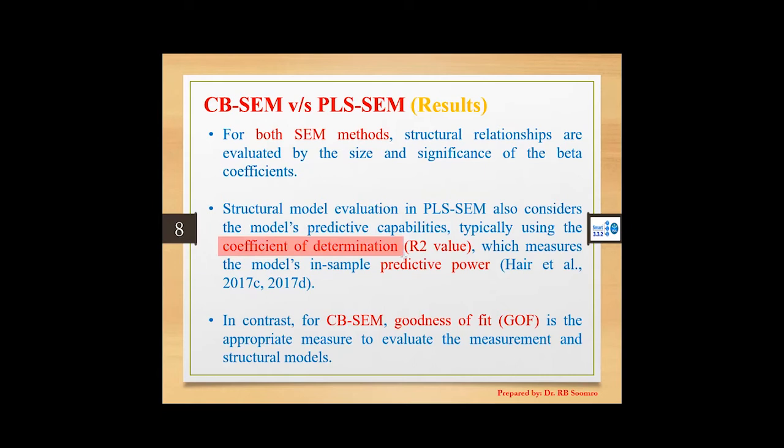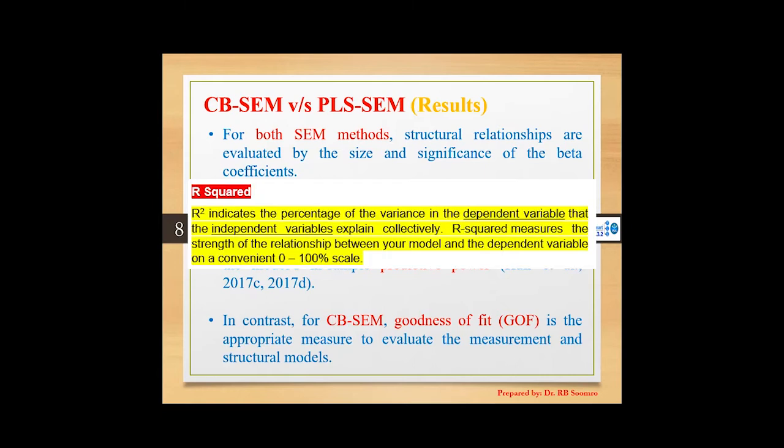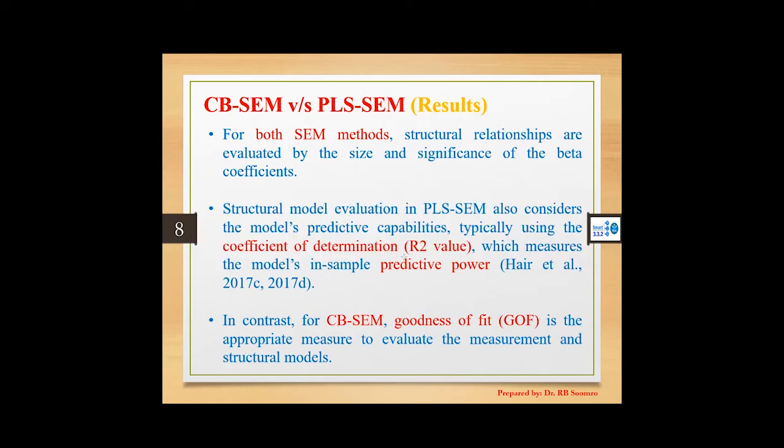Again, reminding you, R square means the total contribution of the variance of the independent variables into a dependent variable. The higher the R square, the better the prediction of the model.